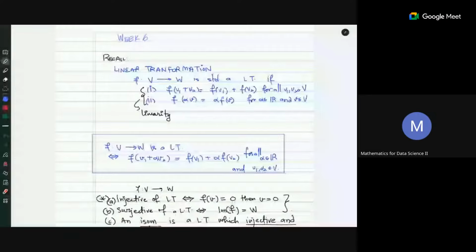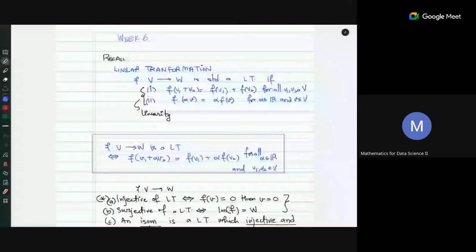Now we want to relate these two concepts together, and there is a way to do that using a basis. You have already seen what a basis is. Using a basis, we can represent a linear transform by a matrix. So in today's discussion, we will see how to do it.